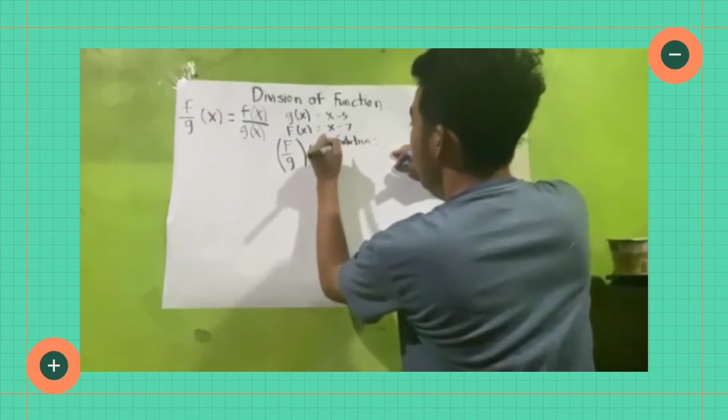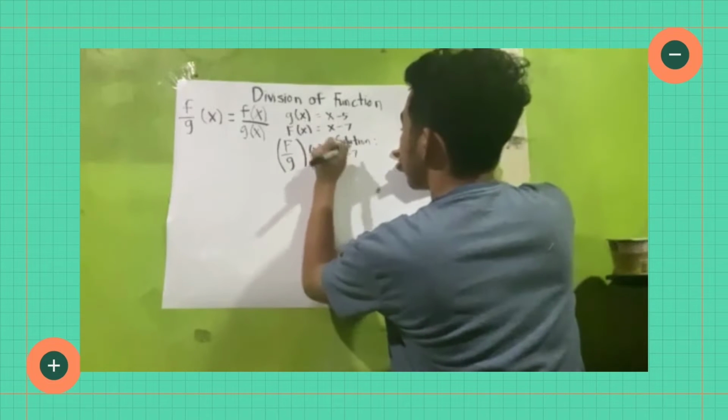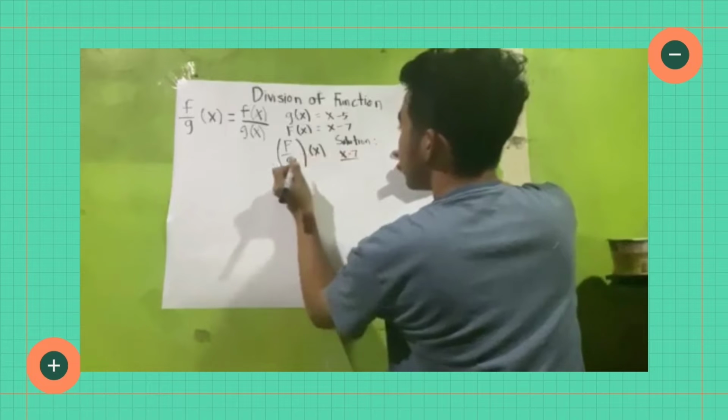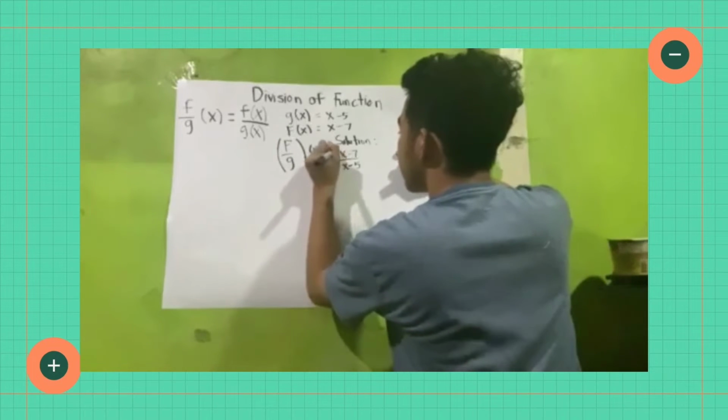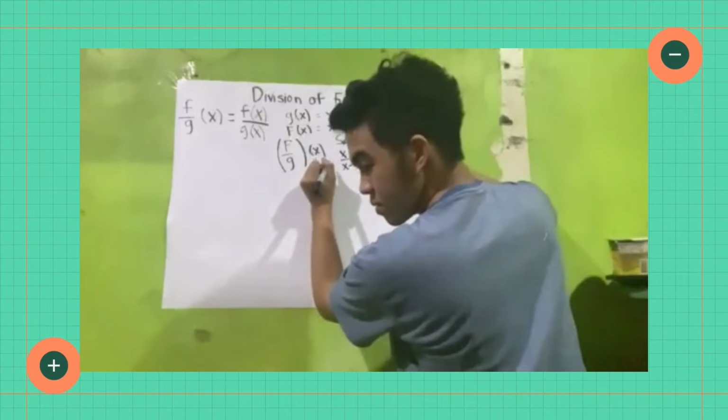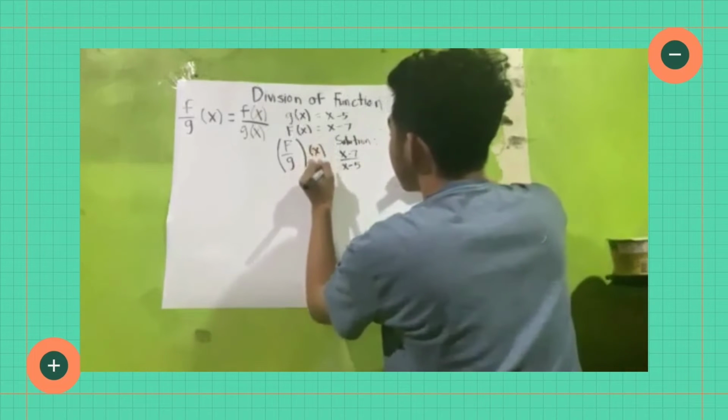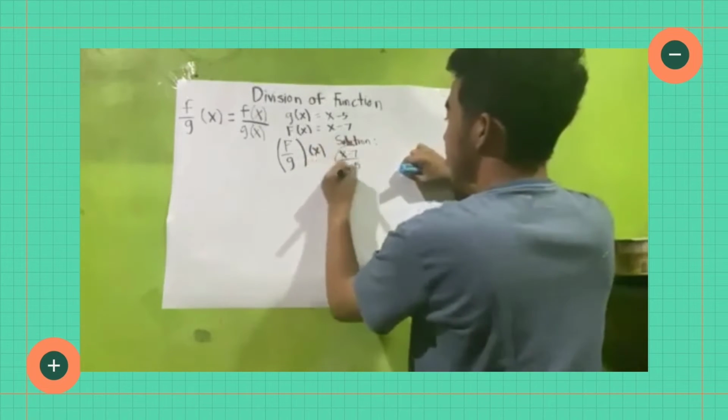For example, f is x minus 7 over the value of g, which is x minus 5. And that is the answer.